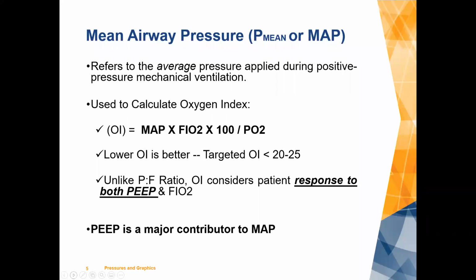And again, crudely put, 200 to 300 would be like acute lung injury, or per the Berlin definition, mild ARDS, provided it's accompanied by a crappy chest X-ray and poor compliance, high plateau pressures, and things along those lines. Okay, but just circling back, one of the major flaws of a P to F ratio is it does not consider PEEP. Okay, a major component. So OI, or oxygen index, may actually be more valuable than a P to F ratio. And one of the major contributors to mean airway pressure is in fact PEEP.